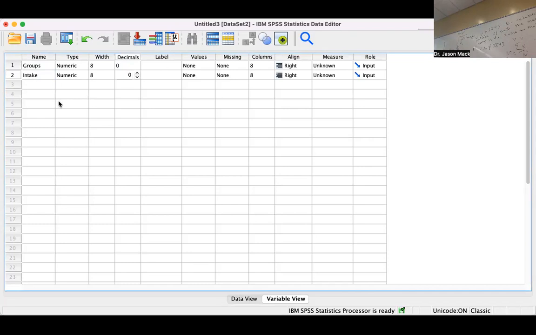In the row labeled groups, click on the small gray box with 3 dots in the values column. So you see that? We clicked on that. The dialog comes up, so we're going to click add.